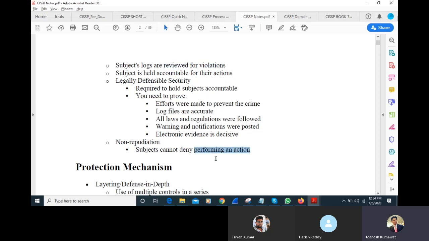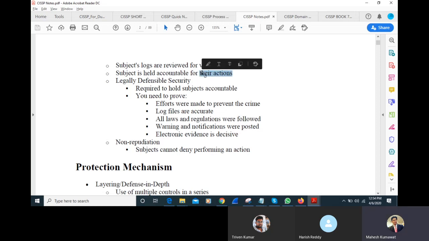Suppose you have shared your ID and password with somebody else, and they have done some misuse or illegal activities with your ID and password. At the same time, you are responsible for a lot of things. The subject is held accountable for the actions.